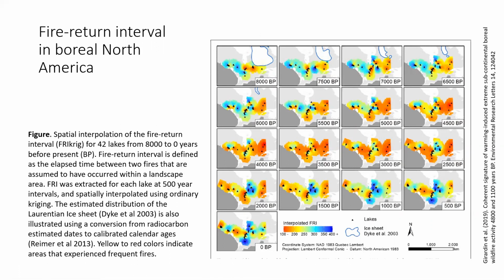This study used charcoal records from 42 lakes to make these interpolated maps showing fire return interval, basically for different time slots.